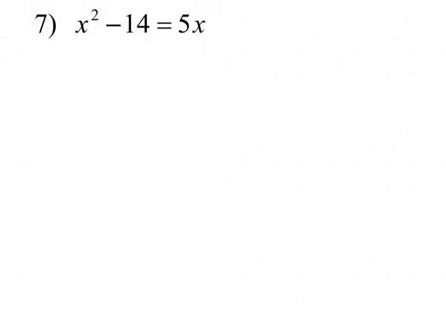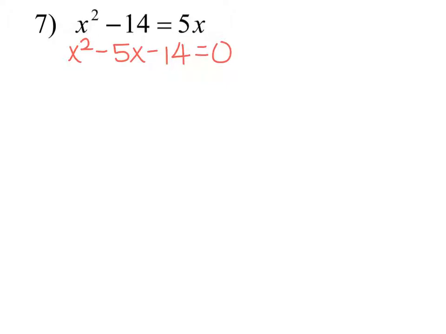Next, in problem number 7, you'll notice that in this equation we don't have a 0 on one side of the equation yet. So the first thing we'll need to do is write it in standard form. And so we can subtract 5x from both sides. We'll get x squared minus 5x minus 14 equals 0.